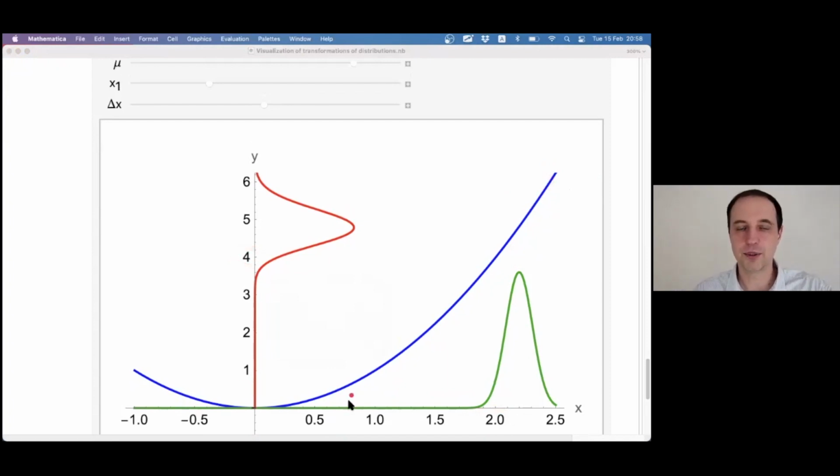And the blue curve here is a parabola. It's the plot of y equal to x squared. And finally, the last curve that I have here, the red one, is supposed to indicate the probability density function of y. But it's drawn in an unusual way.